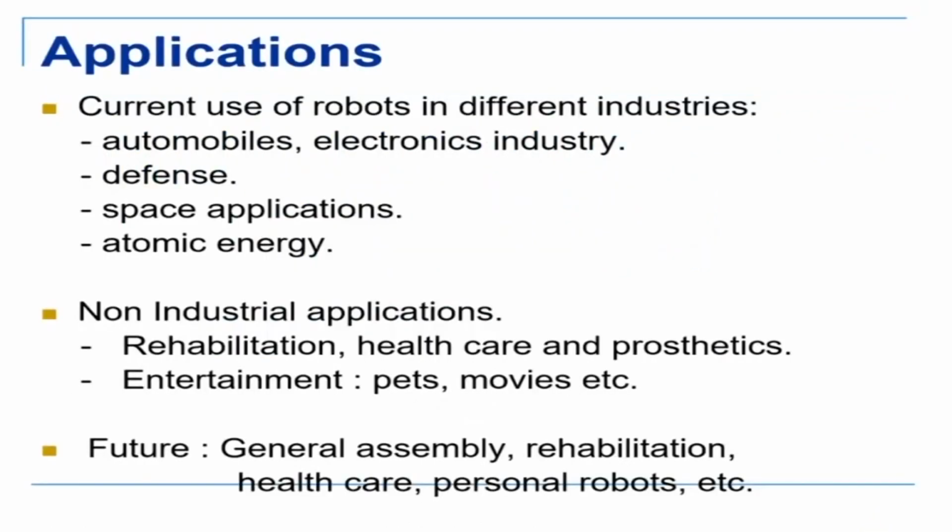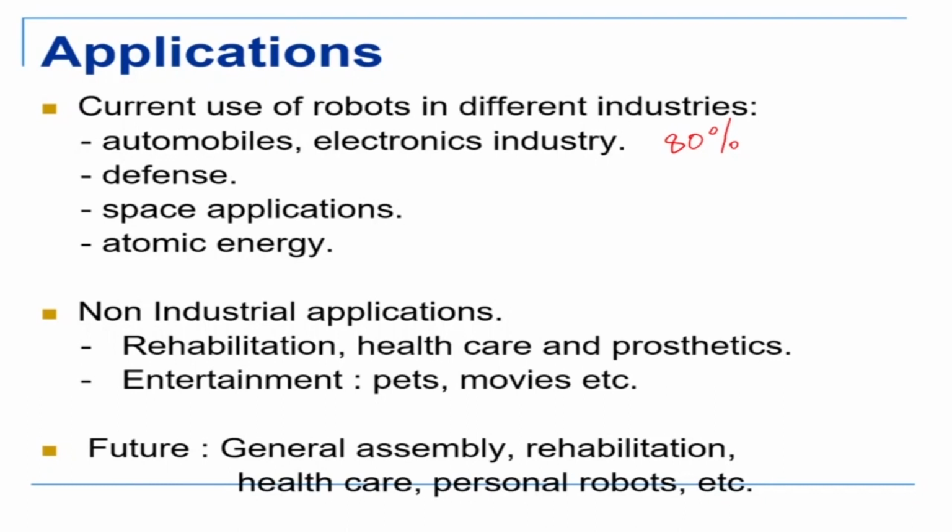Now, the current applications of robots in different industries: the majority of the robot applications, almost I would say 80%, are in automobile and industrial electronics. In automobile industries, it is where robotics started off, where robots were used for things like spot welding, spray painting, assembly, pick and place.